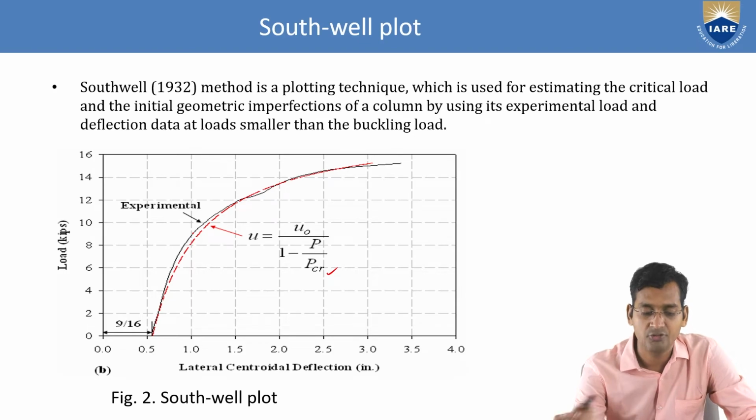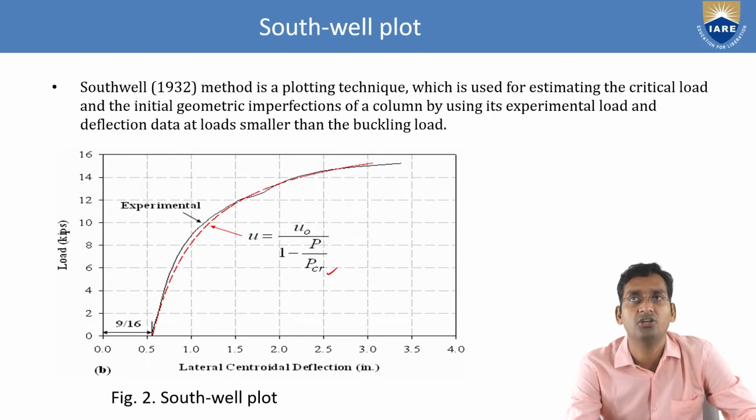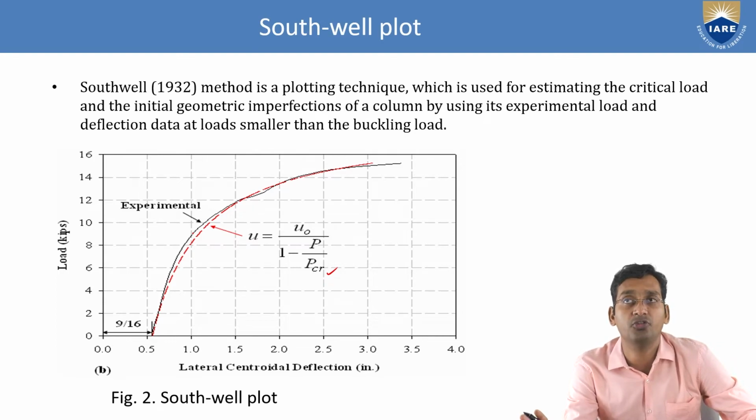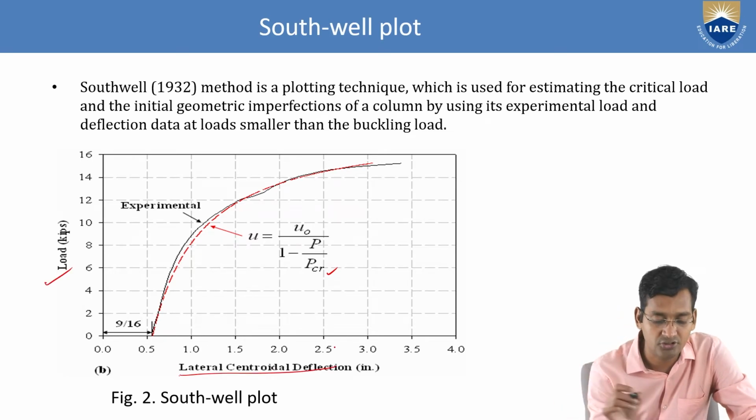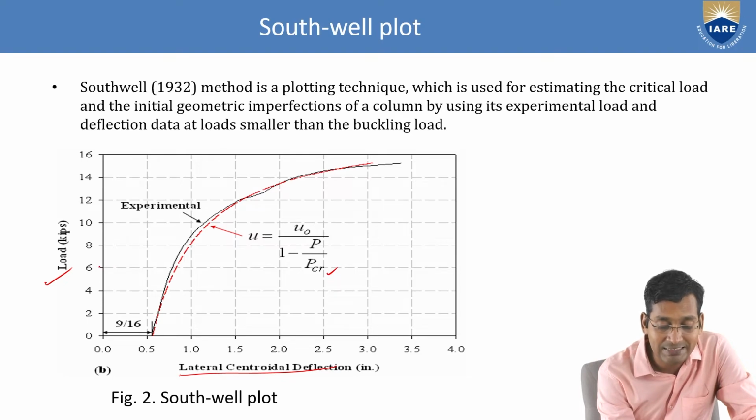That's why we use the Southwell plot, to determine the initial deflection. It is a plotting technique used to estimate the critical load and the initial geometric imperfection. The imperfection is the deflection, so load and deflection. For how much load? See here, for 6 kips, what will be the deflection?